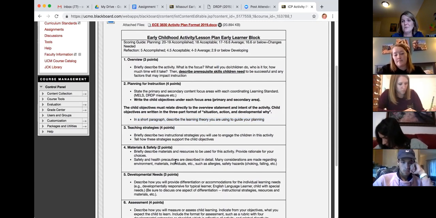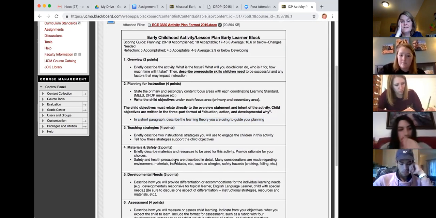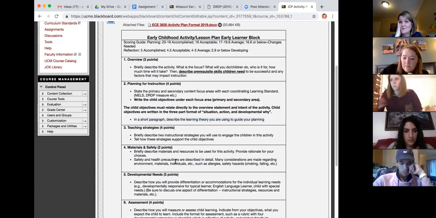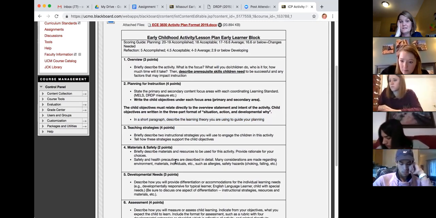Materials and safety. Here's where you just want to brainstorm all the possible issues that could come up with regards to safety. So for example, since everybody has something to do with food, you've got to check food allergies, if you decide to bring in some real ingredients or something like that.